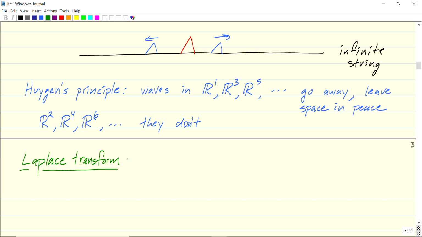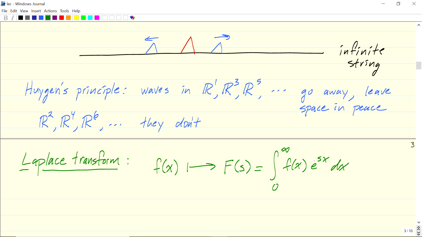So let's see. The Laplace transform takes a function f of x, and it sends it to a new function, capital F of s, which is the integral from 0 to infinity of f of x e to the minus sx dx.